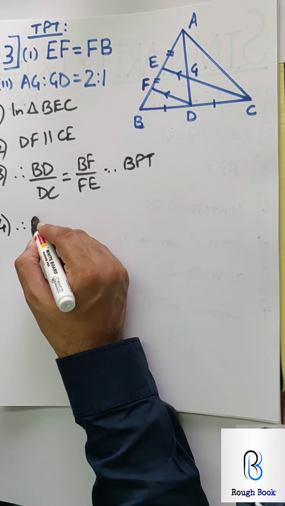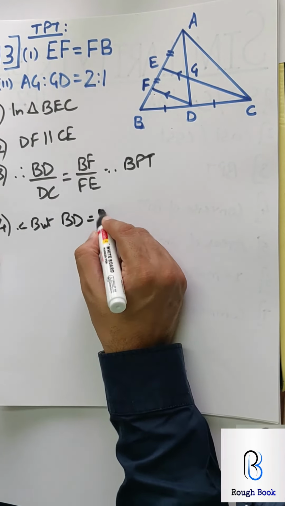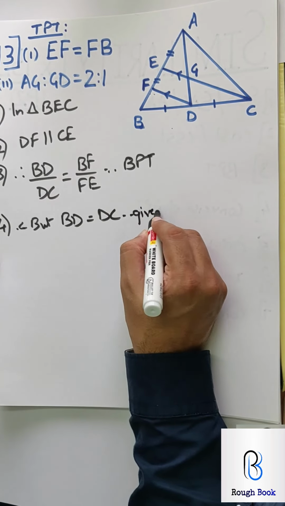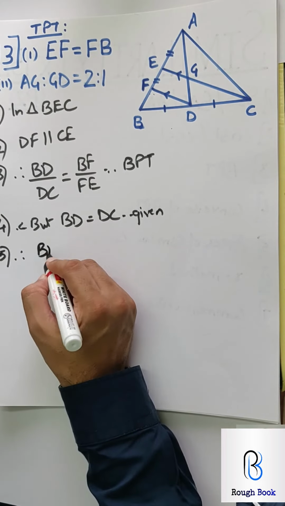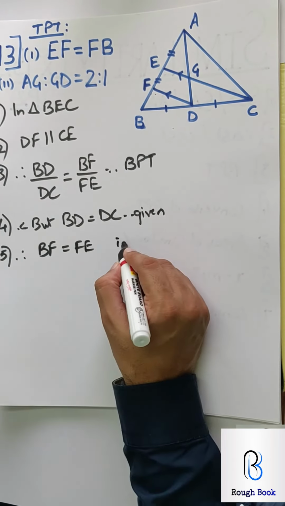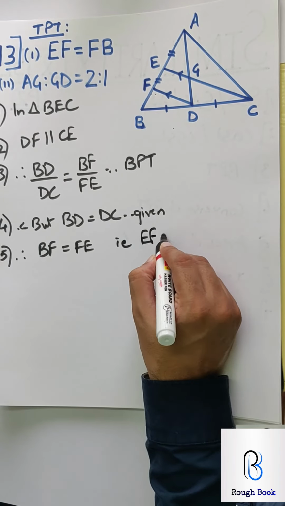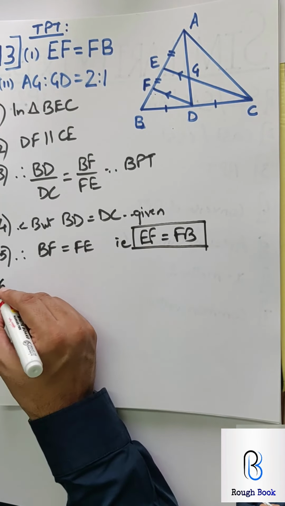Therefore, but BD is equal to DC. This is given, and therefore BD equals DC, therefore you can say BF is equal to FE. Alright, or that is EF equals FB. So we got our first part straight away.